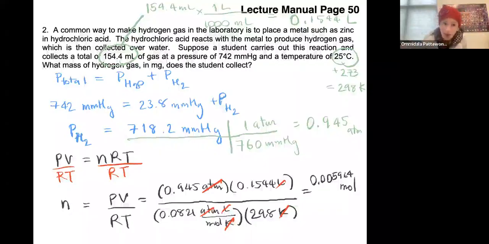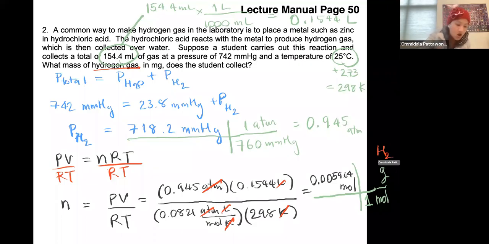Remember, we don't want mole, we want mass, right? So in this case, the next step that you need to carry on is to convert from mole to grams. Okay, so we know that hydrogen gas is going to be a diatomic molecule, which is H2.